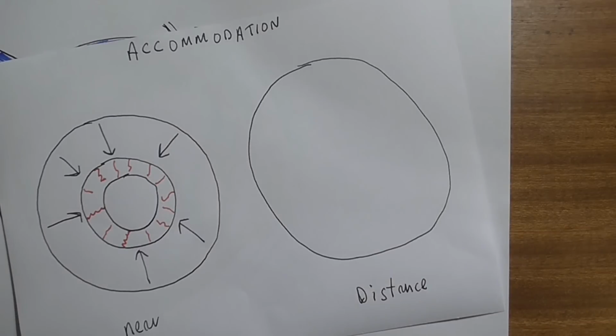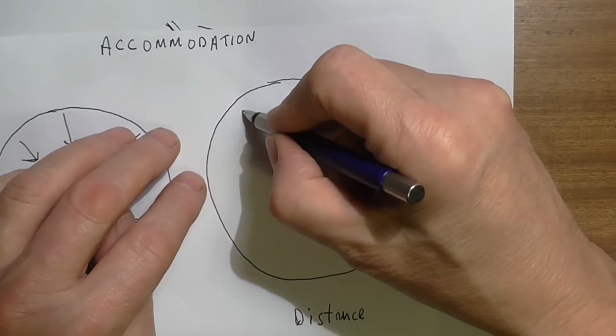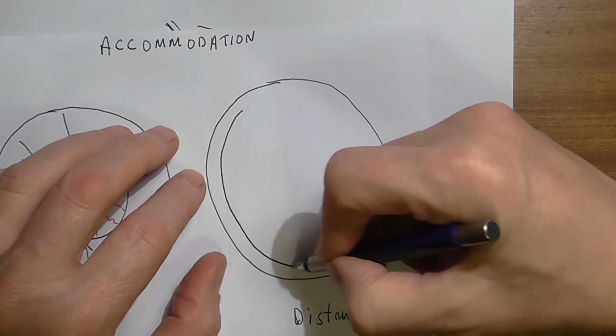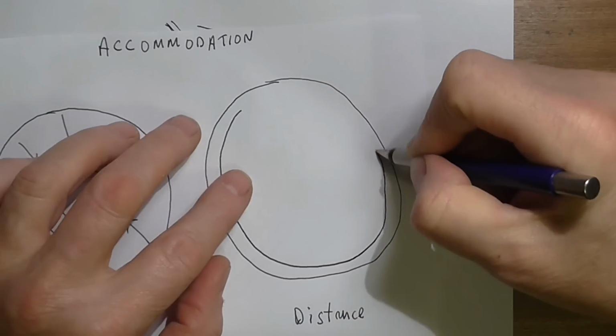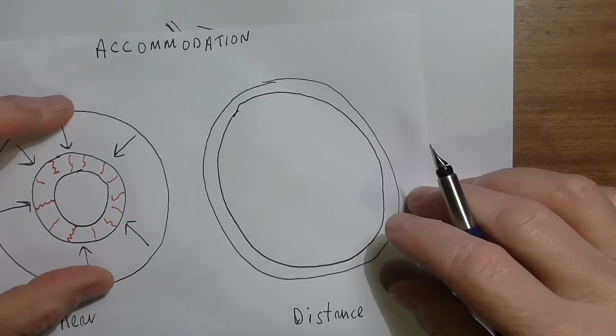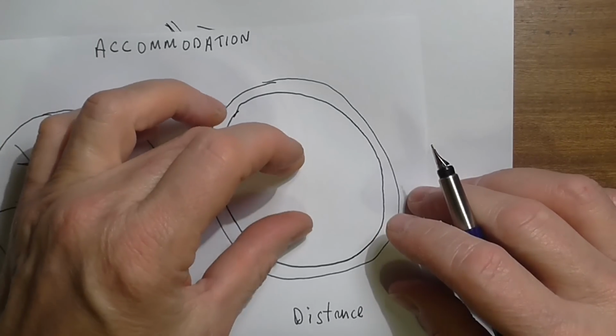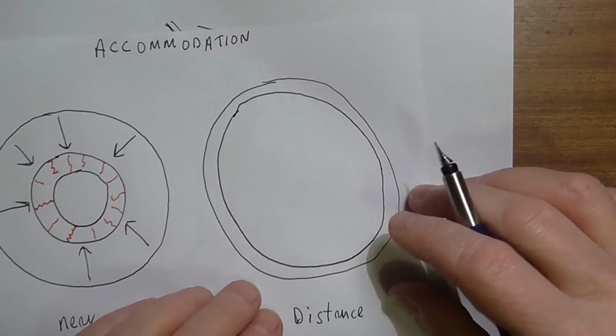Now what happens is the ciliary muscles relax, and when the ciliary muscles relax, the ciliary ring gets shorter, thinner. So contraction of the ciliary muscles makes the ring thicker. Relaxation of the ciliary muscles makes the ring thinner.